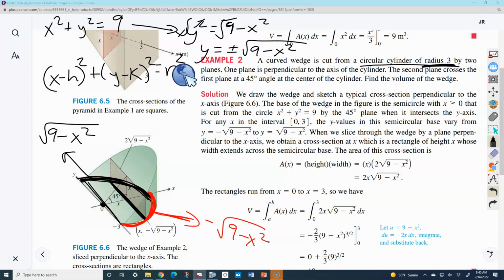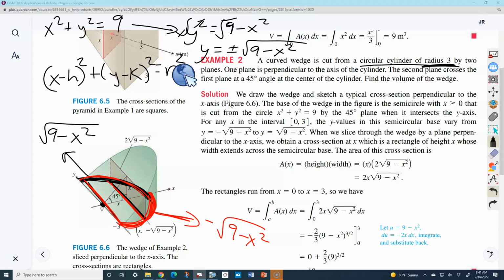Are you with that so far? Which means the lengths of these rectangles as we go down the x-axis is the difference between the top half and the bottom half. It's this height minus this height.